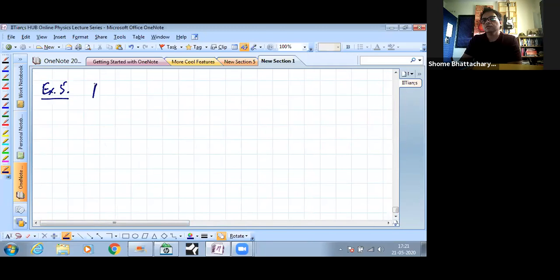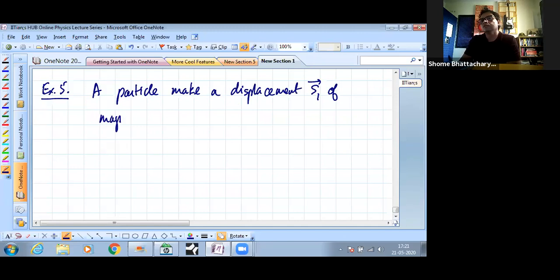Now, a particle makes a displacement S1 of, let us say, magnitude 50 meters at 37 degrees north of east.